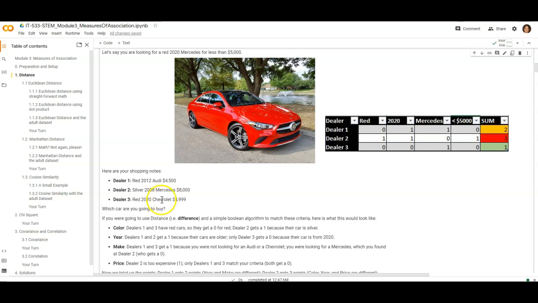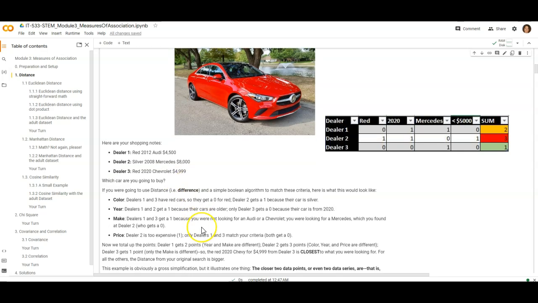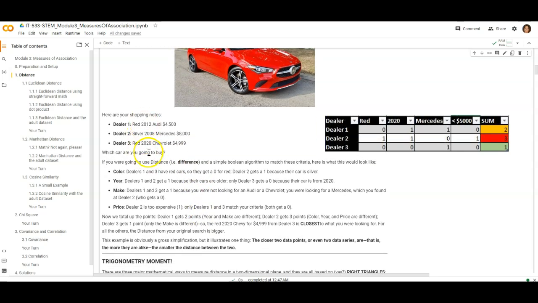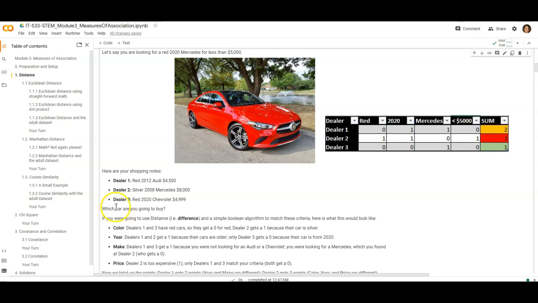So this is a Chevrolet, there is a 1, but we're looking for a car that's for less than $5,000. This car is less than $5,000. So the distance is smallest between the car from dealer number 3 and the car that we had been looking for.